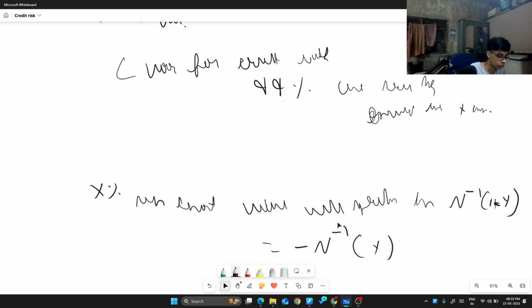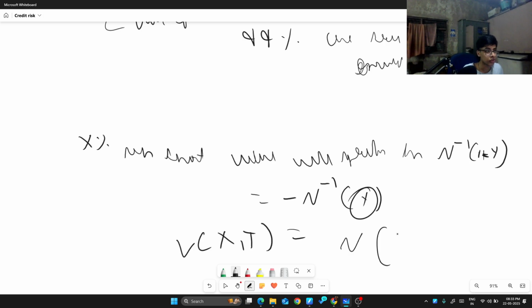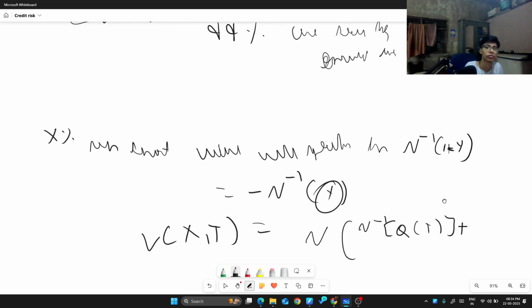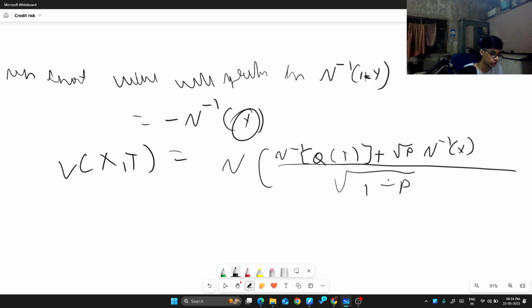So we can use our one factor Gaussian model, because we are conditioning on our factor f, and we are conditioning on our factor, N equal to N inverse of qt plus correlation, over root 1 minus p.